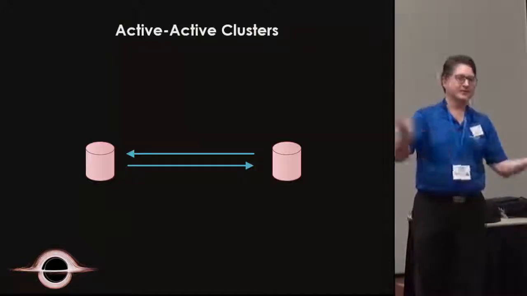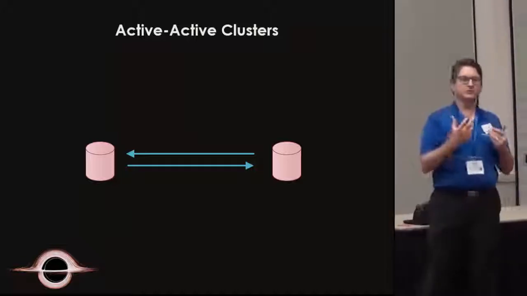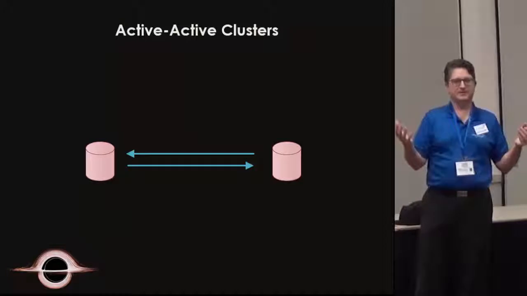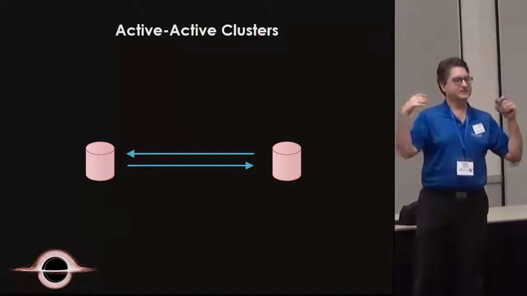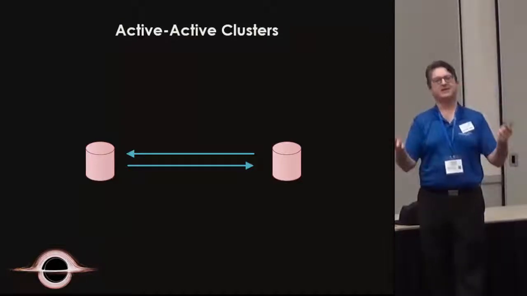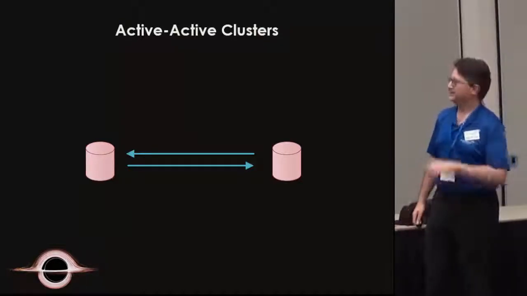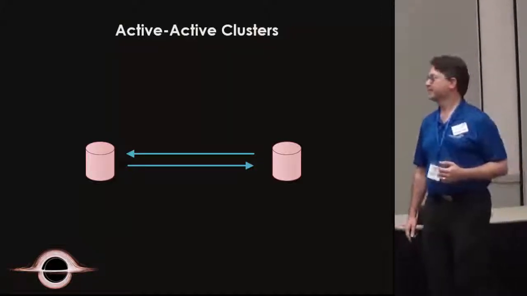When they cross, they get opposite numbers, but the identity that you're using is not the inserted identity. It's not your surrogate key. It's a natural key, an identity that you came up with when you did the insert. So active-active clusters become much easier when you're using a historical model.